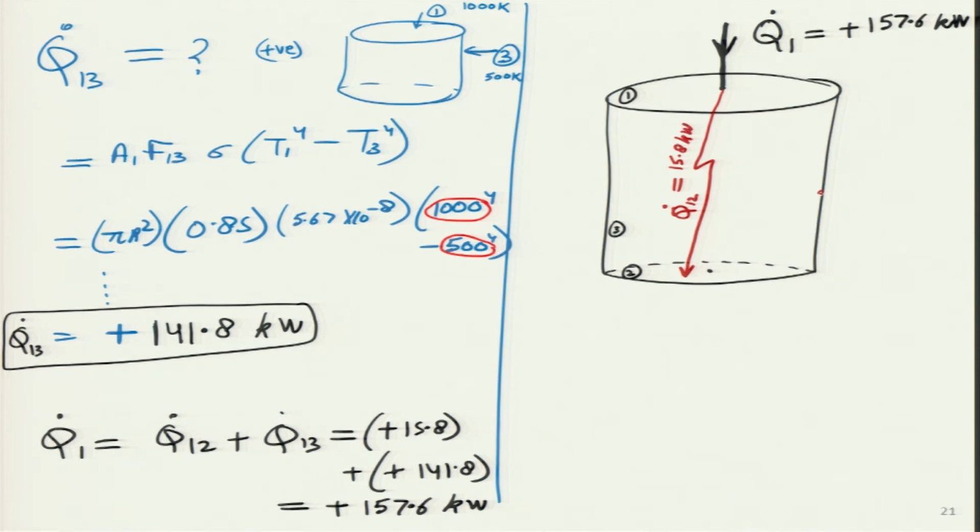Then a lot of the energy is also going to surface 3 over here, and this value, how much? So I will write it over here. Q dot 13 is 141.8, and this is also kilowatt, which means we add 15.8, 141.8, all that thing.